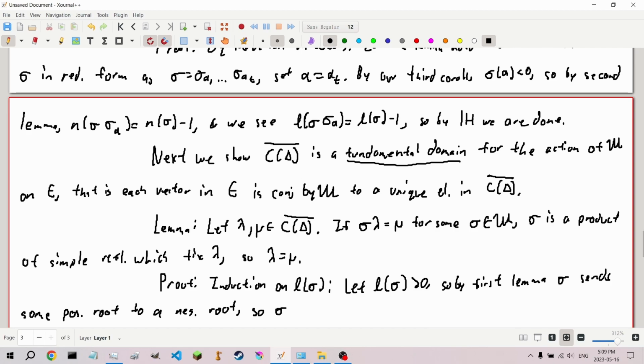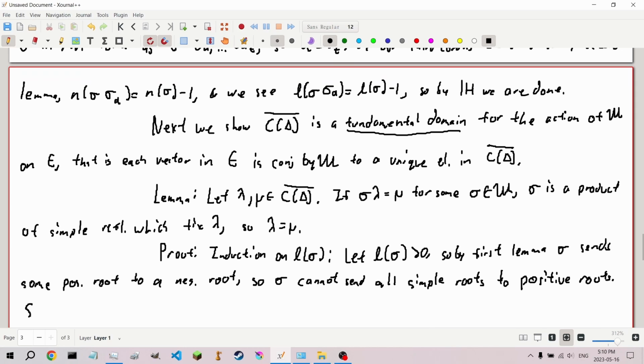So sigma cannot send all simple roots to positive roots. Say that sigma of alpha is negative for some element of our base alpha.